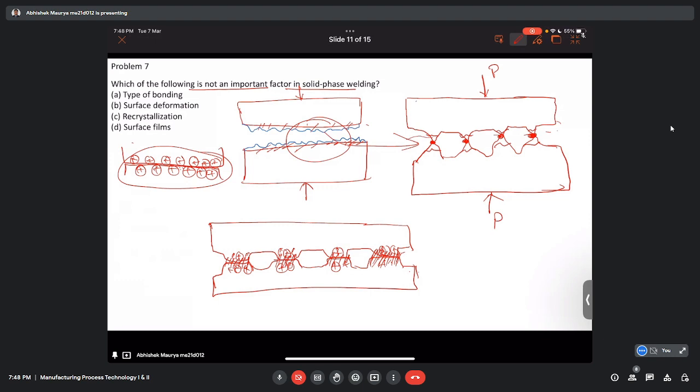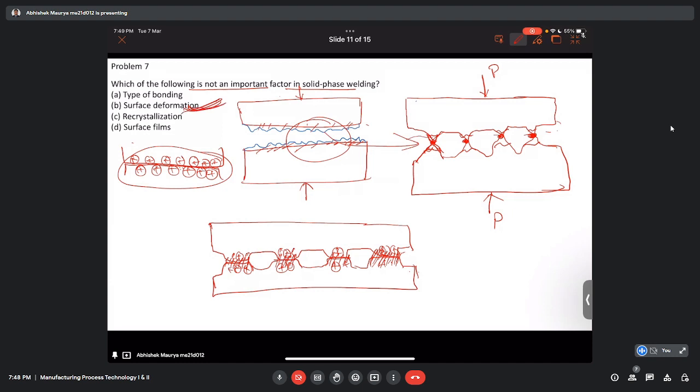Because we applied some load, and because of the load these pointed materials get deformed plastically, and because of that we have got some surface contact area. So one thing we can say is that surface deformation, or plastic deformation of the asperities, plays an important role in solid phase bonding. That is one of the important factors.